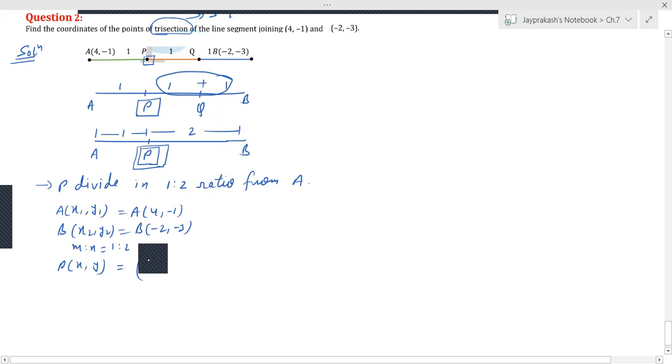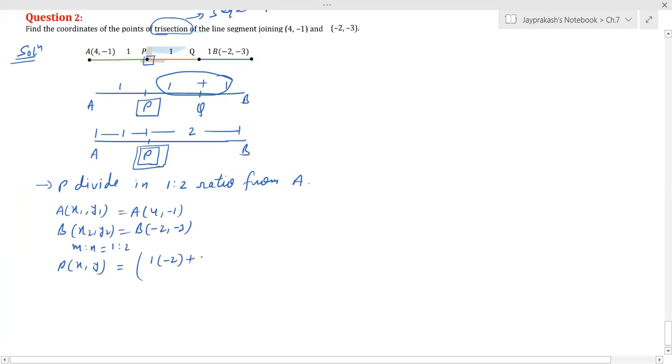So m is 1, x2 is minus 2 plus n x1, and x1 is 4, upon m plus n.